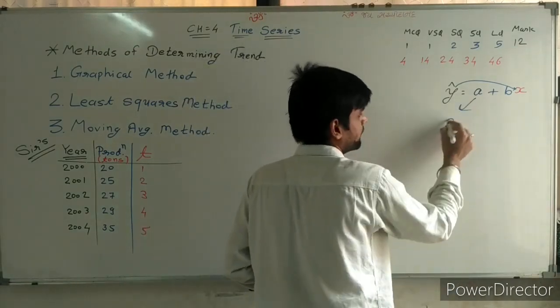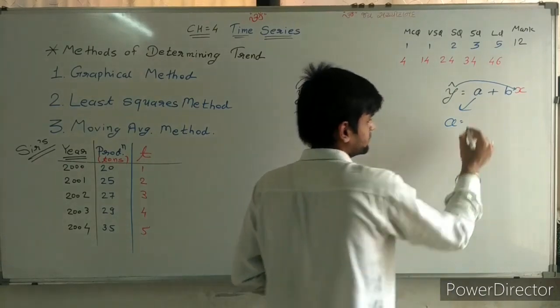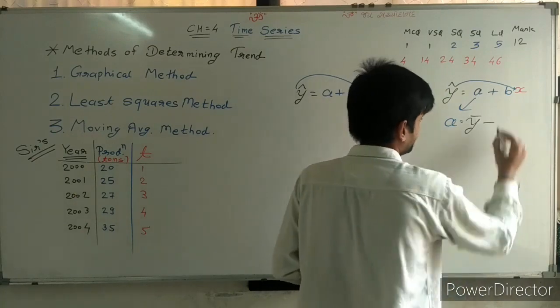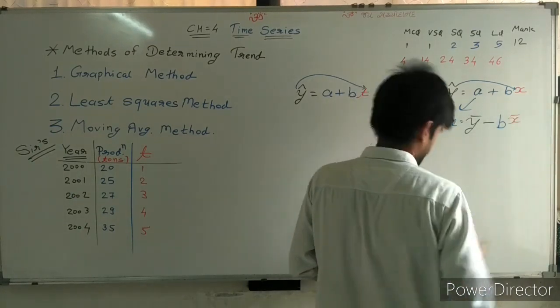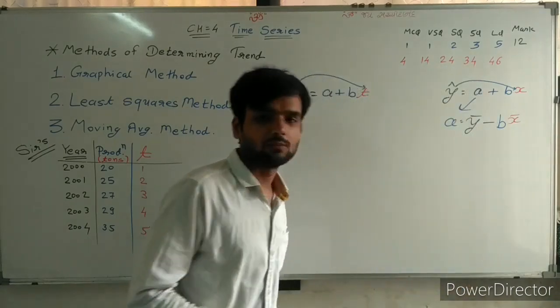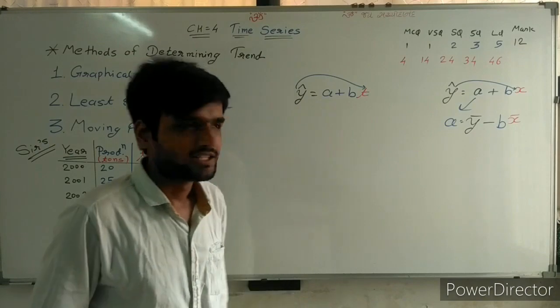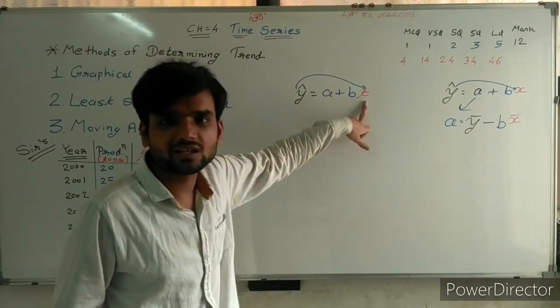Going ahead. What is a here, sir? How can we find the value of a? So a is equal to y bar minus b x bar. But here, instead of x, what can we write? t.